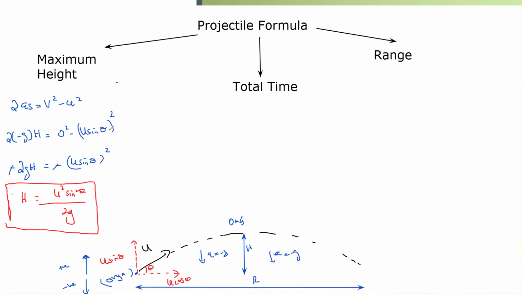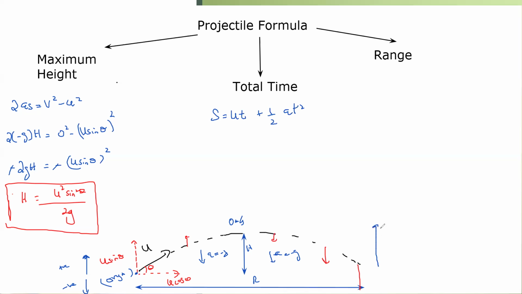If I need the total time of the flight, the projectile is first going up and then coming down. So what is the vertical displacement? If I use the equation S equals ut plus half at square, S is the vertical displacement.